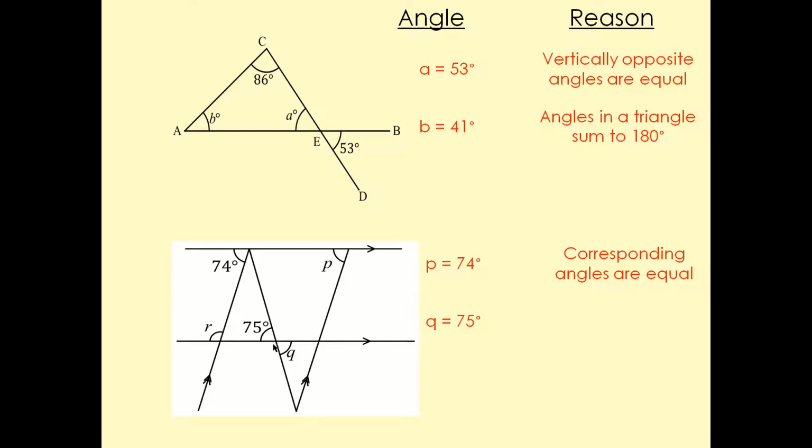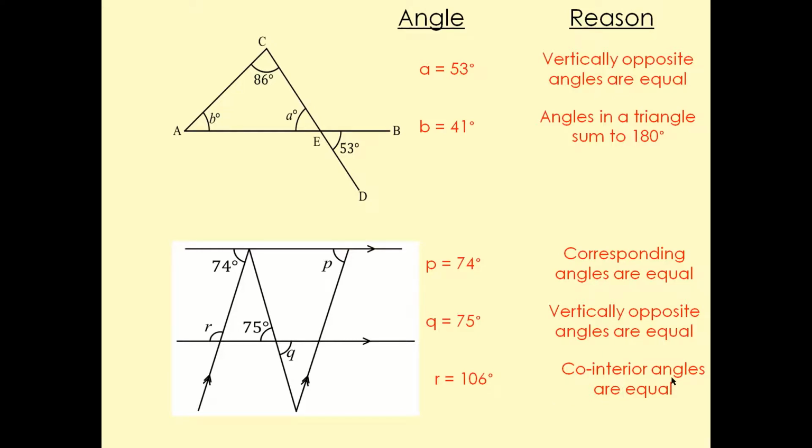Q is going to be simply 75 degrees, and we know the answer for that because vertically opposite angles, they are equal. So this one there, as we said, whenever you can see a C, supplementary angle, they're also called co-interior angles.